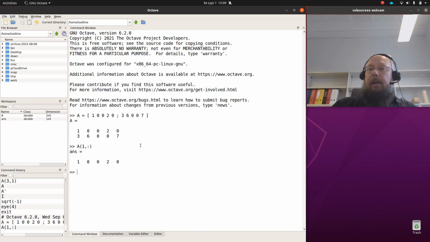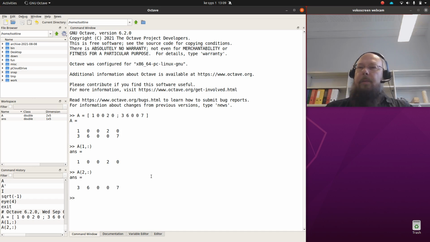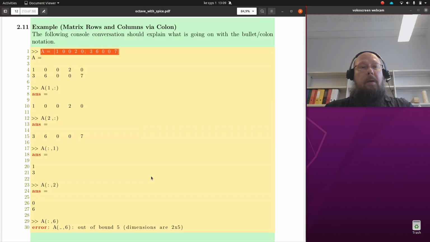And yes, indeed, I get the first row: 1, 0, 0, 2, 0. Then the second row, yes, it works as it should. Again, what we have here, then let's look at the columns.